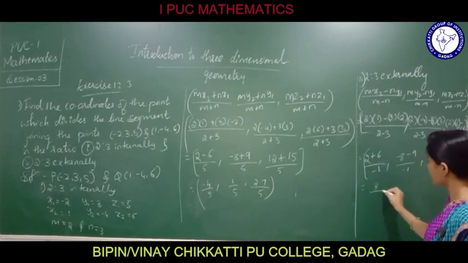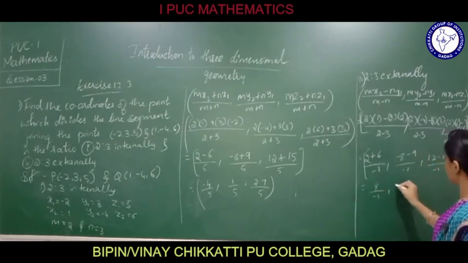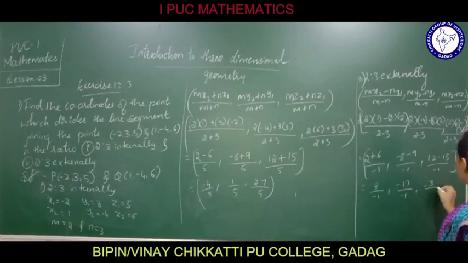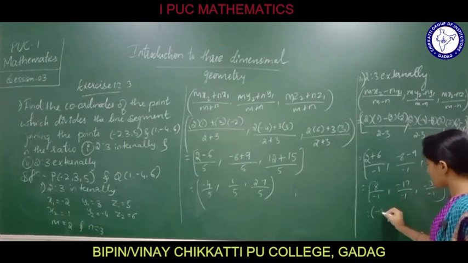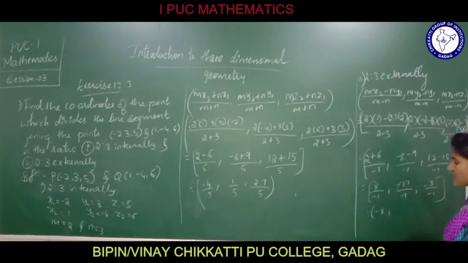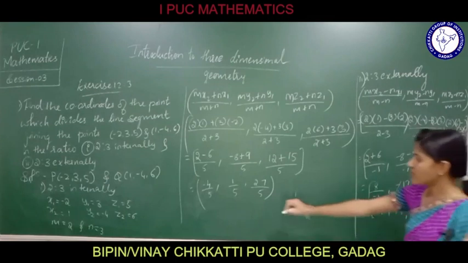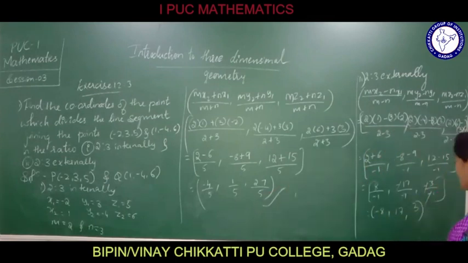That is 8 divided by minus 1, minus 17 divided by minus 1 and minus 3 divided by minus 1. We are going to get that as minus 8. Minus and minus is going to get cancelled, left with 17. Here also minus and minus is going to get cancelled, we are left with 3. So these are the coordinates when it divides internally and when it divides externally.